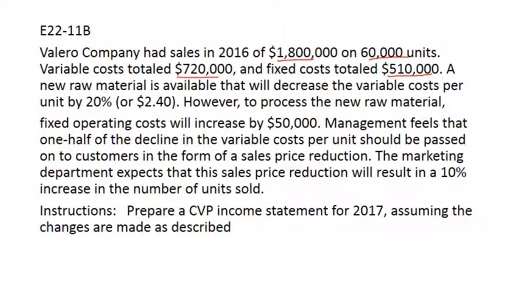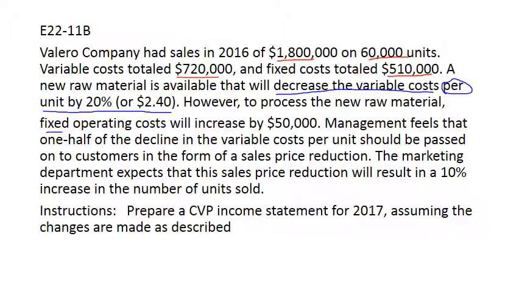And then once we have that CVP done, we're going to create a second cost, volume, profit income statement with the following changes. So the changes that they're looking for is a decrease in the variable cost per unit of 20% or $2.40.